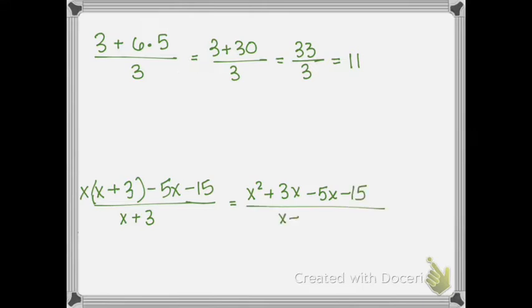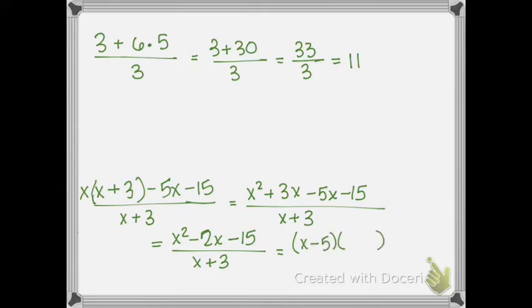Once we've distributed the x through, I'm going to combine like terms. And then I'm going to factor that numerator using product sum method. Now that I've made the problem entirely multiplication, now I can cancel out.